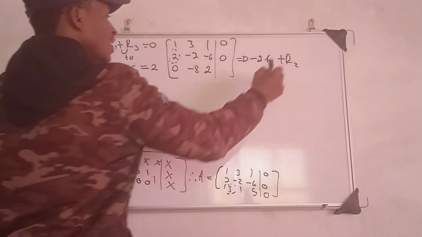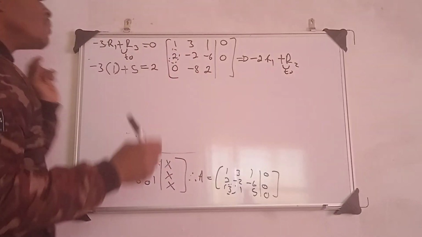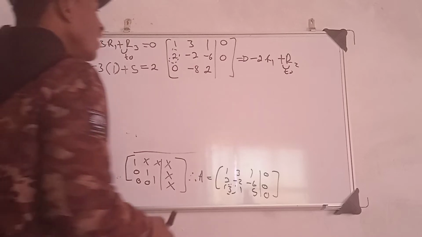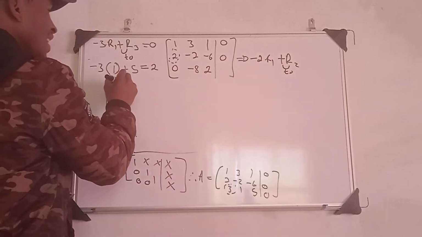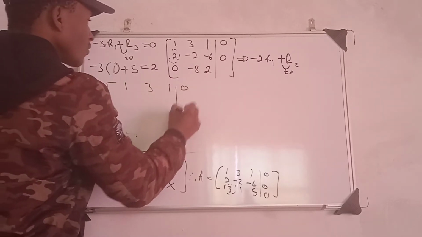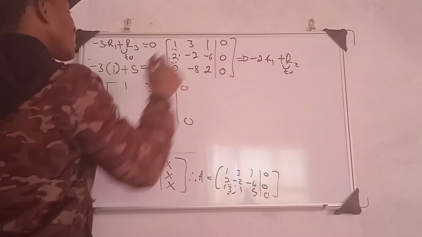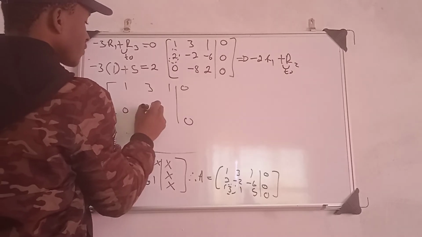But remember guys, I'm adding to row 2, so row 2 is the only one that will be changing. Rows 1 and 3 will remain the same. They will never change. So let me write that matrix. Like I said, rows 1 and 3 will never change. Sorry guys, this equals 0. Even if you don't write these things down, no problem, as long as you know what you'll do in the end.